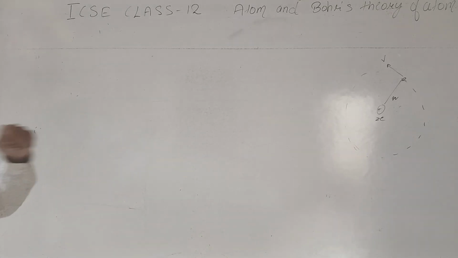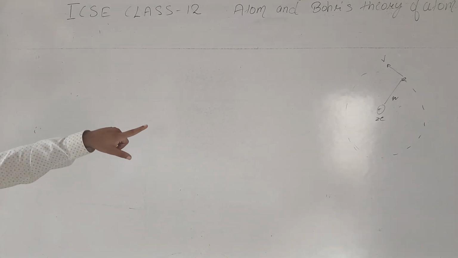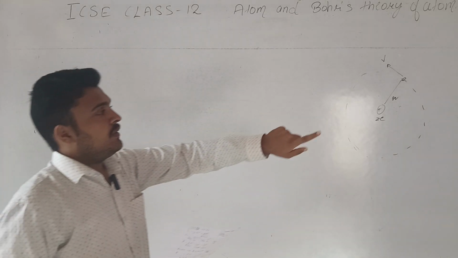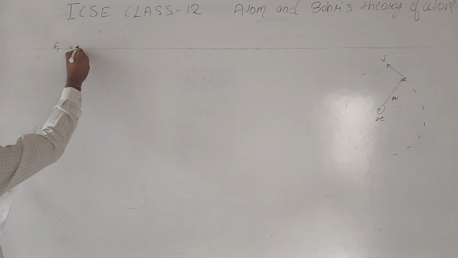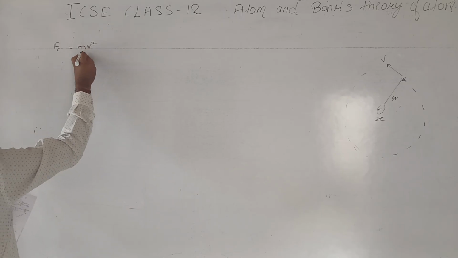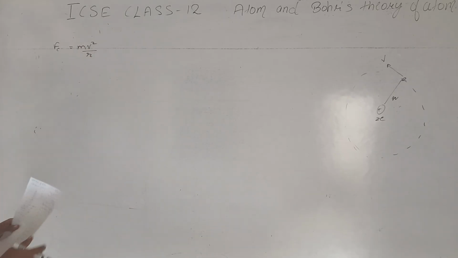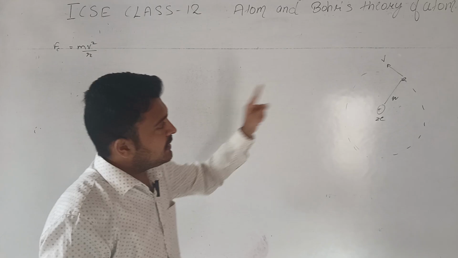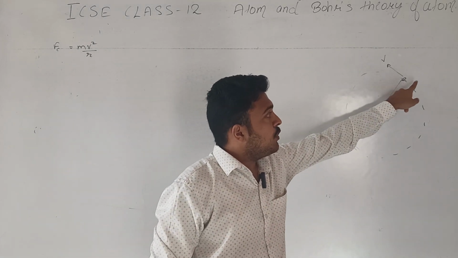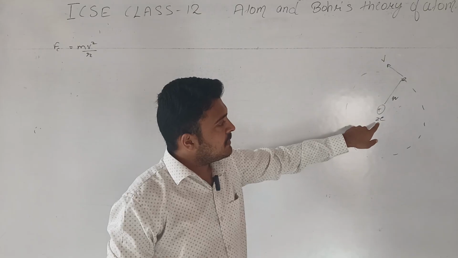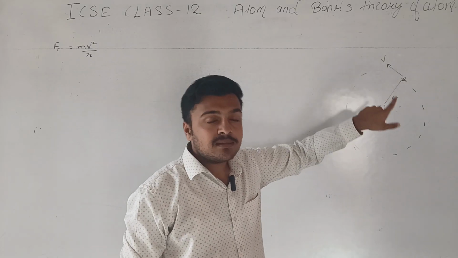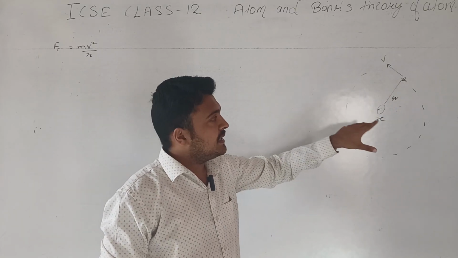Because it is revolving, there is a centripetal force. So F centripetal is equal to mv square by r. This centripetal force is equal to the force of attraction between two charged particles. The force of attraction between the nucleus and the electron is giving this centripetal force.